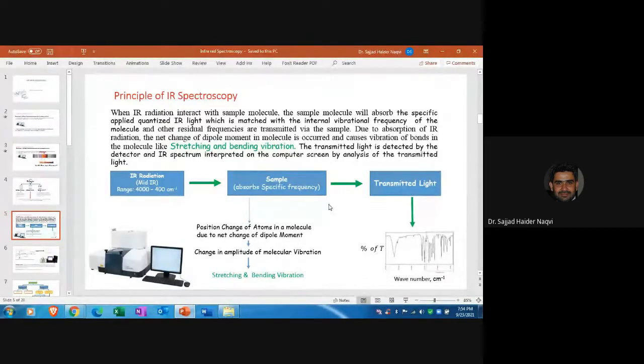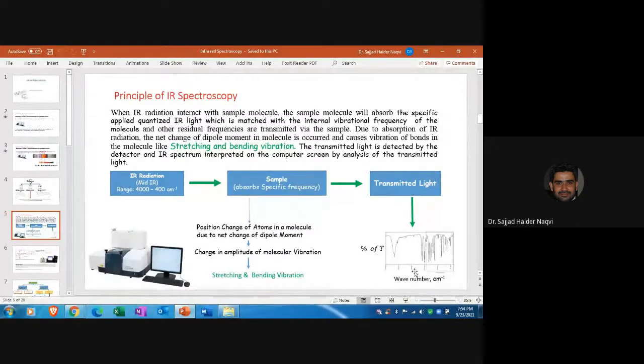So you can see the picture here. This is the IR spectroscope, which is connected with a computer through a software. So it's all automated. You put the sample there, you select the wavelength, you start the process, the light is passed through the sample, some of it is absorbed while the rest of that is transmitted. After the transmittance, it is going to hit the detector, and the detector is going to transform that into signals, which are shown as a graph on the computer, as you can see here.